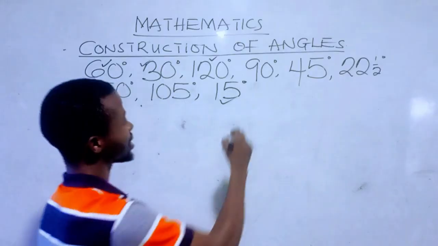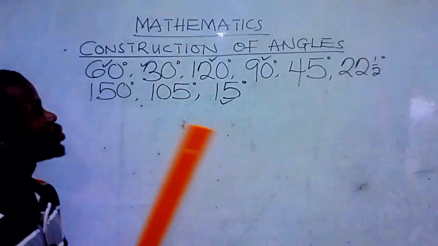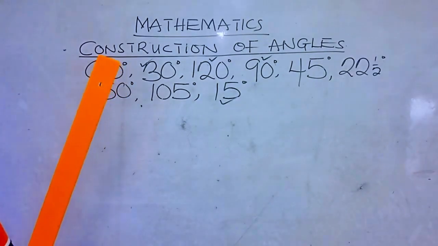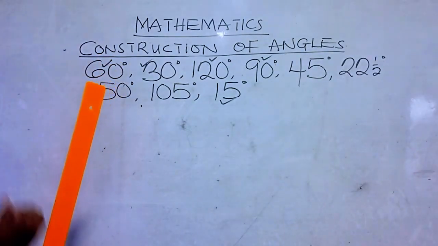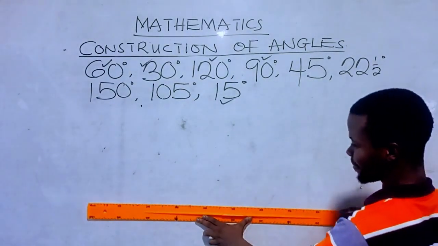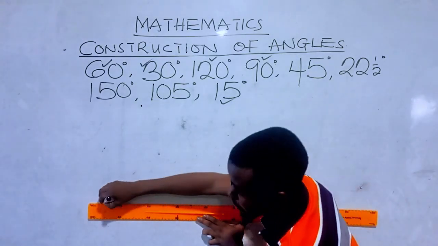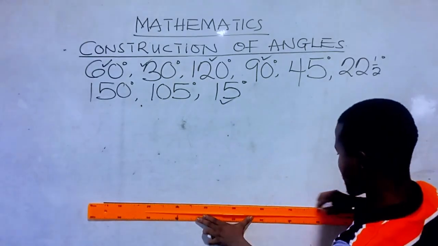Let's construct 90 degrees, 45 and 22.5 degrees. So I'll start with my straight line, which is this.